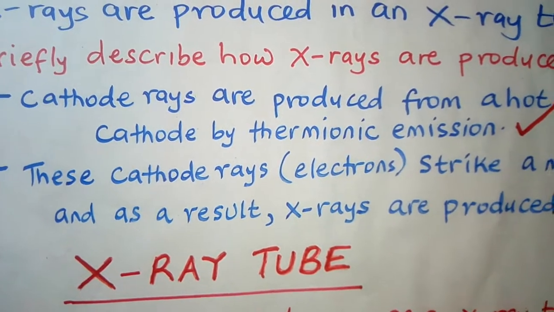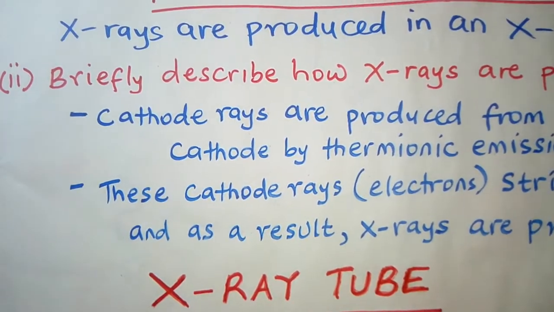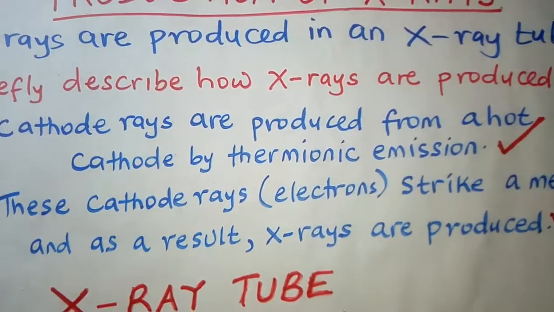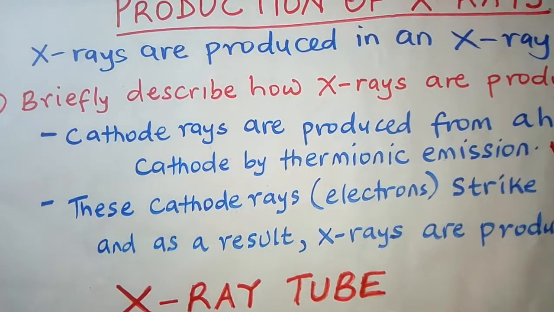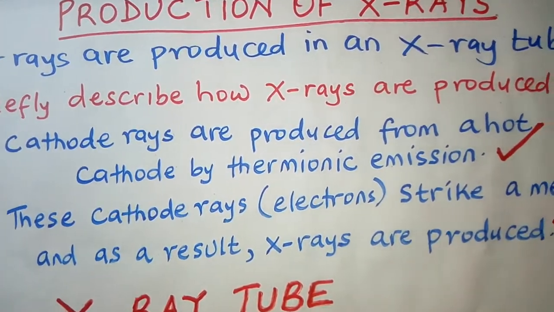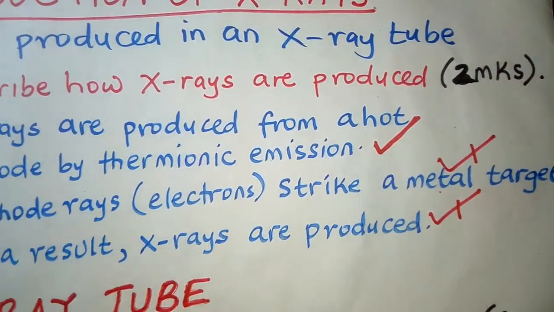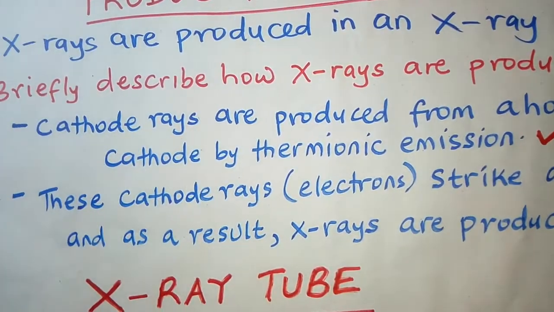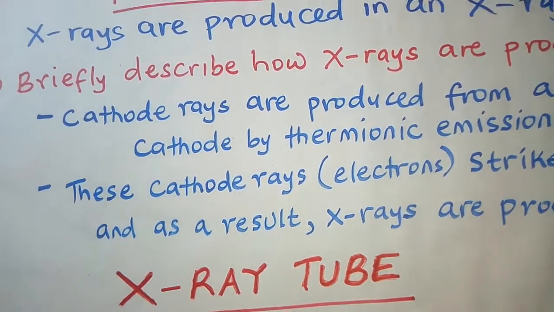X-rays are produced. So that is being very brief, as the question says. Briefly, cathode rays are produced from a hot cathode by thermionic emission. After that, the cathode rays strike a metal target, and as a result, X-rays are produced. Okay, that is being brief.